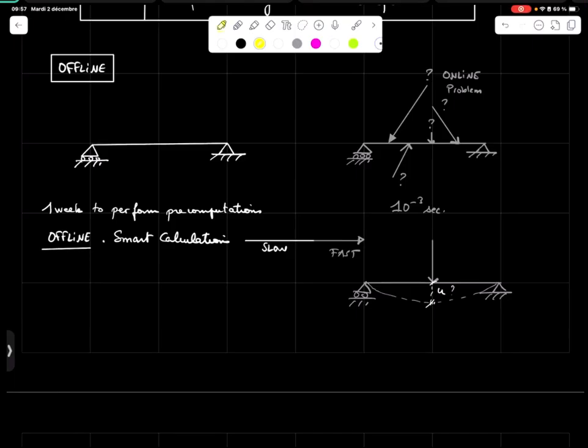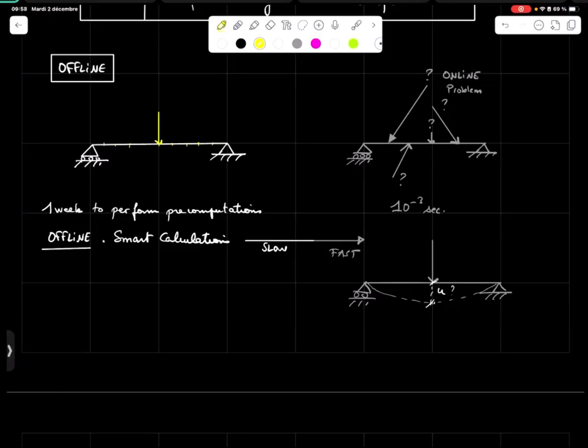Your boss comes to you and tells you, okay, you have now 1 week, please perform the simulations, and then you're going to be able to tell me, if I give you any load, what will be the deformation. Well, what you can do is you can say, I can apply a load in the middle, for example, or then I can make it move to the right and to the right and to the right and so on.